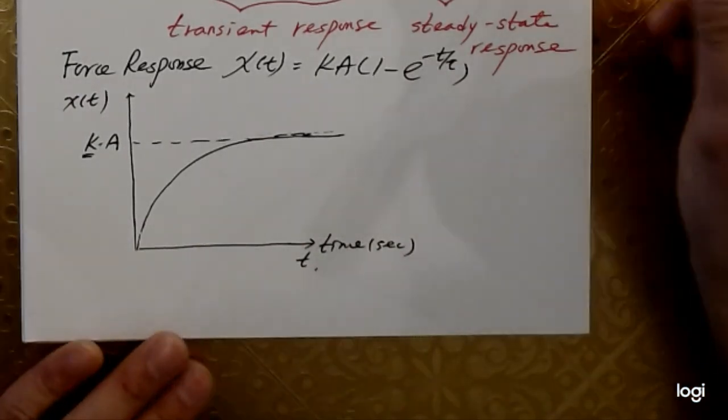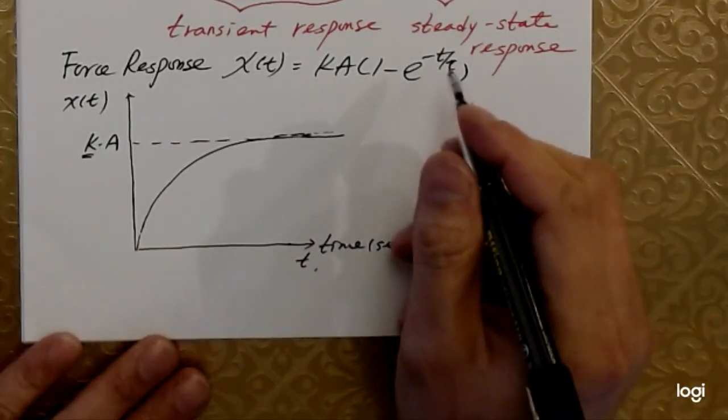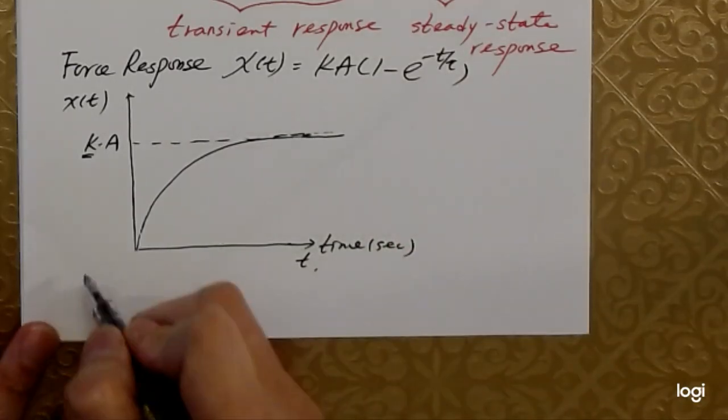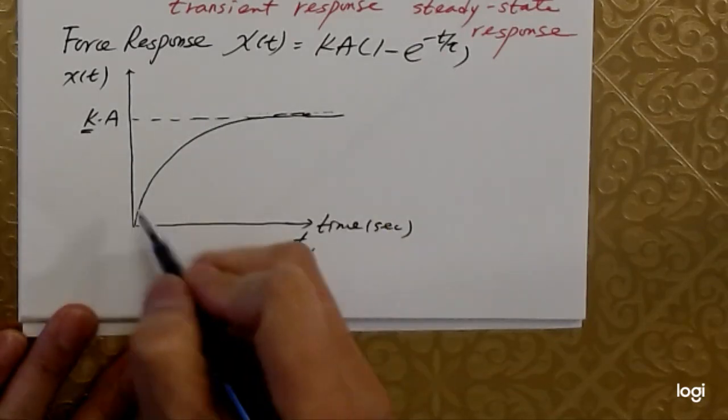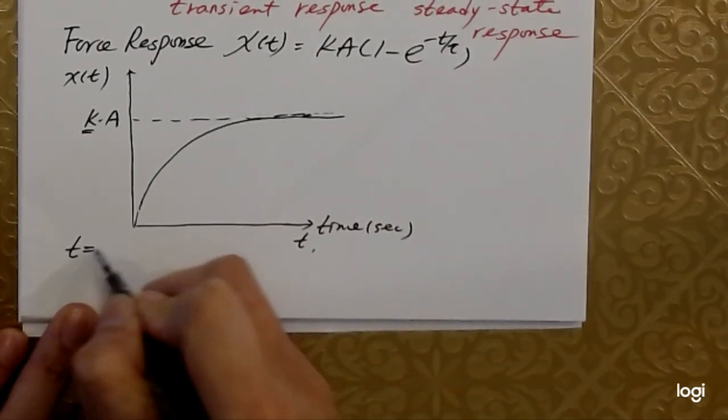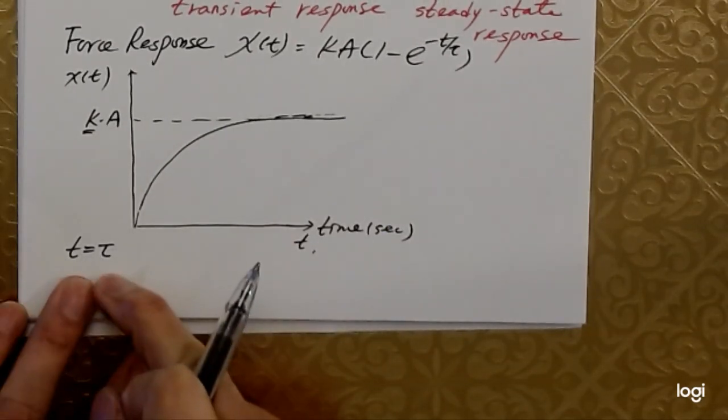Now how about tau? Let's see what happens when t equals tau. Let's put this back into the equation.